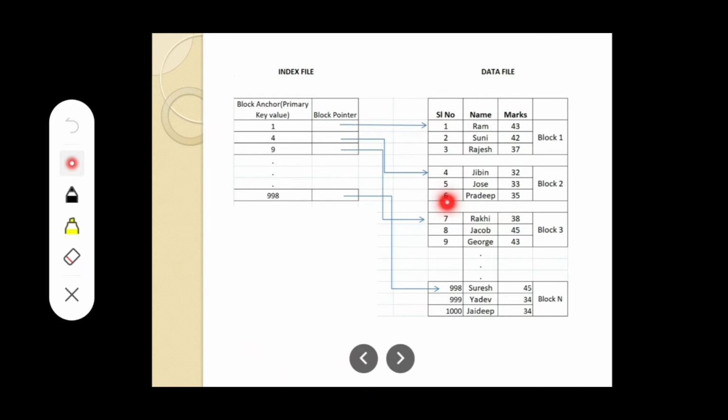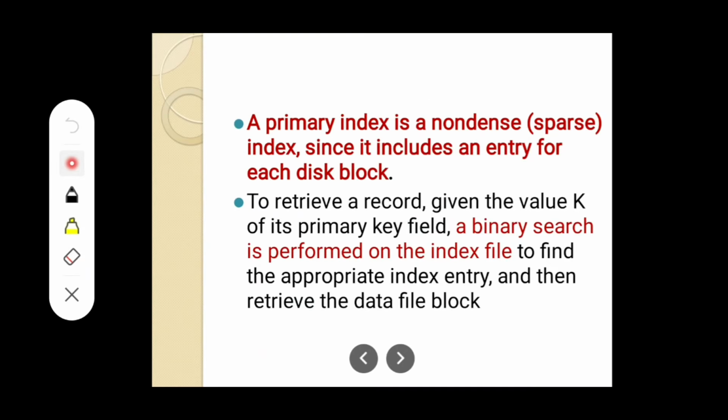It does not have all the primary key values of the data file as the first field. Only a few values are there. Such indexing is called a non-dense or sparse index.